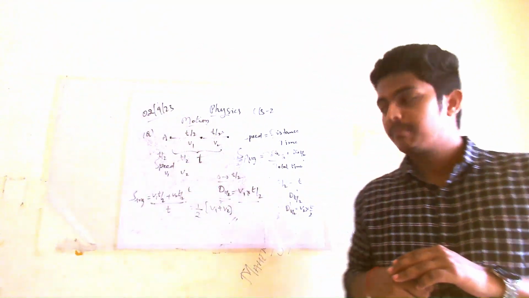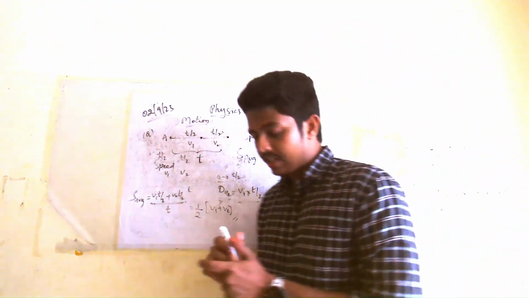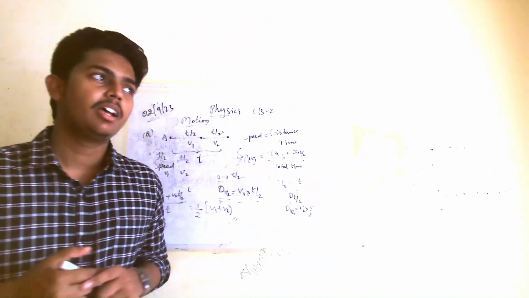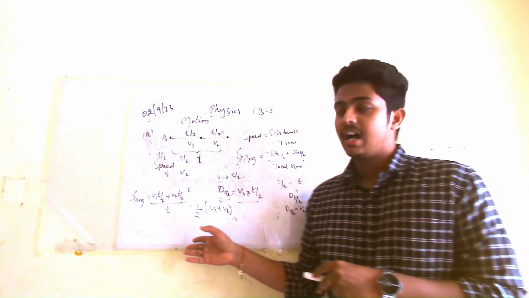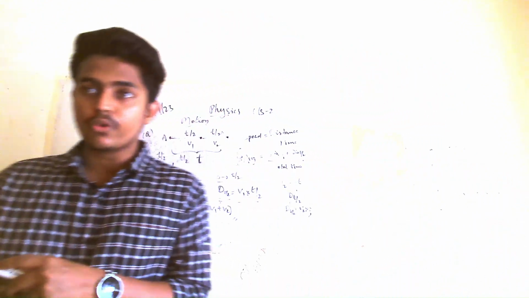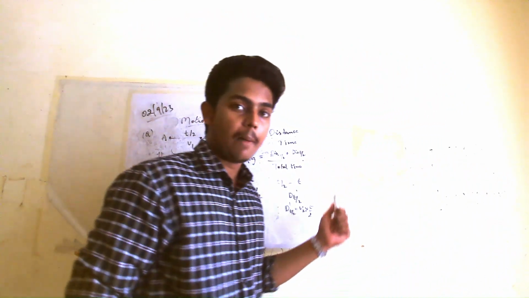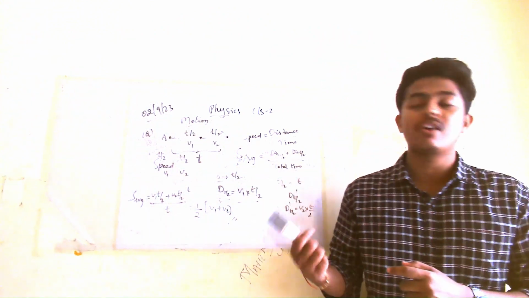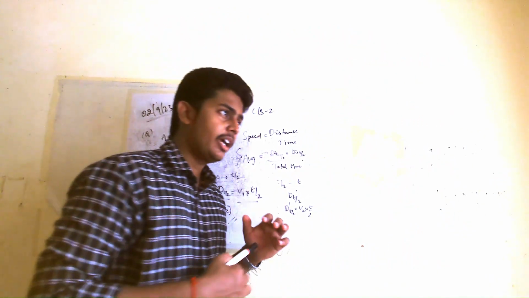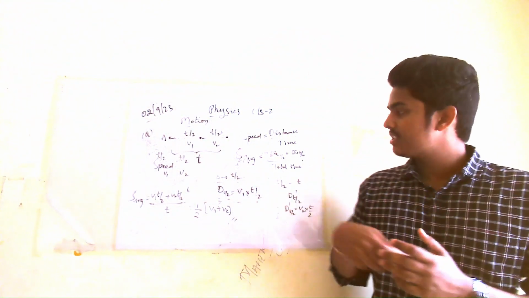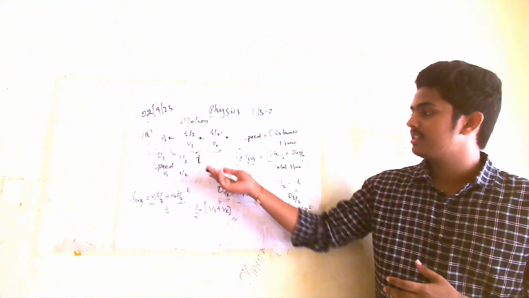Please note it down, because these kinds of problems will really help you in exams. They don't ask you directly what average speed is; they ask different kinds of questions, but you need to apply average speed in some questions and instantaneous speed in others. For instantaneous speed, you can apply the direct formula: speed is equal to distance by time.